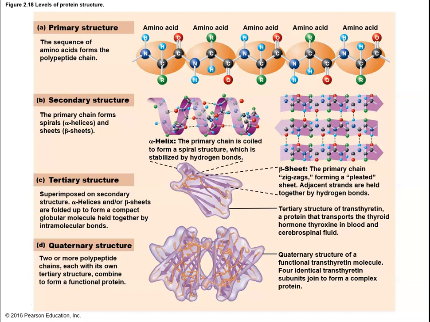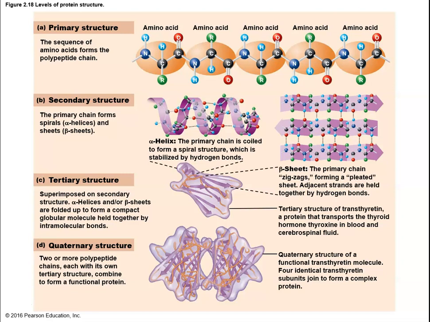So we would then take a secondary structure and coil it and fold it some more to form what you see here as a tertiary structure. For some proteins, tertiary structure is sufficient. It forms a functional protein, but some proteins need to go one step further to a quaternary structure. And a quaternary structure is simply two or more tertiary structures assembled together in a larger structure.